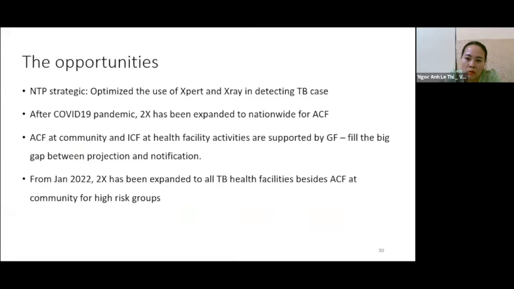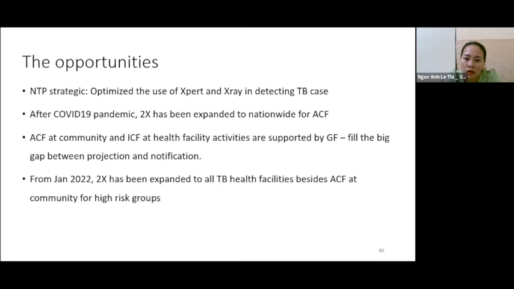That is the reason why the NTP strategy is designed to optimize the use of X-ray and E-grade in detecting TB cases, especially after the COVID-19 pandemic, because the TB reduction really affects the achievement of the ambitious goal of ending TB. Double X has been expanded nationwide for active case finding at communities.